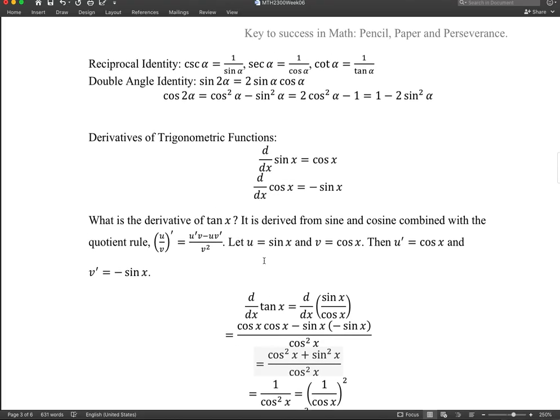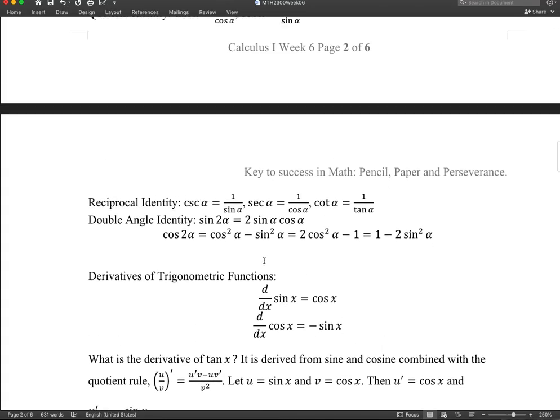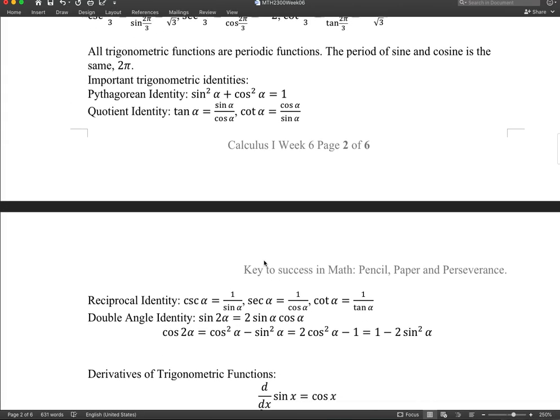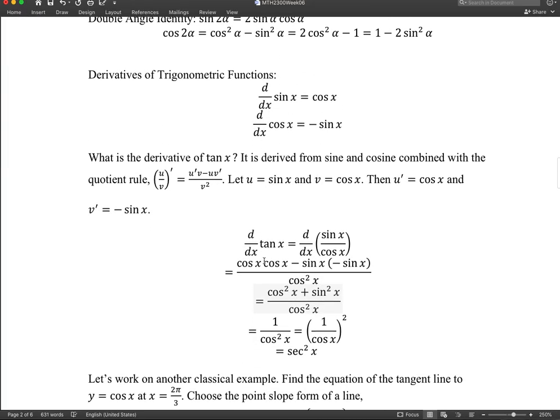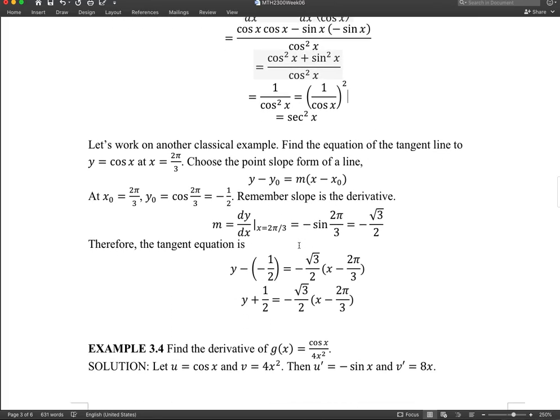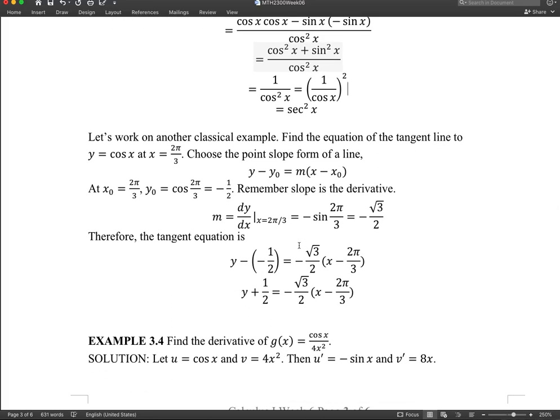So for this part, I just introduced three new rules for derivatives of trigonometric functions: derivative of sine, cosine, and tangent. Before we take a break, let's take a quick look.